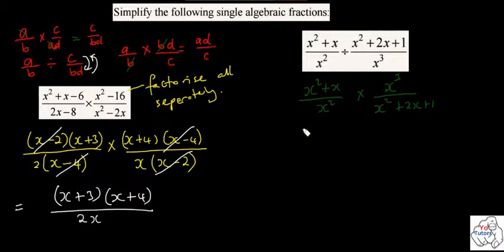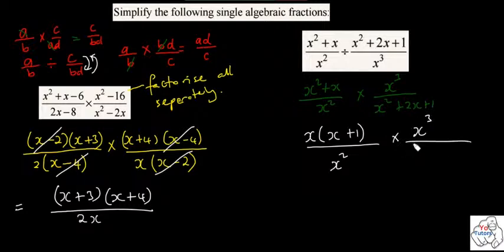Now, when we look at this, we're going to factor out x on top, then you're left with x plus 1, over x squared. Here we can cancel it out, but no, let's just cancel it out when we are done here.